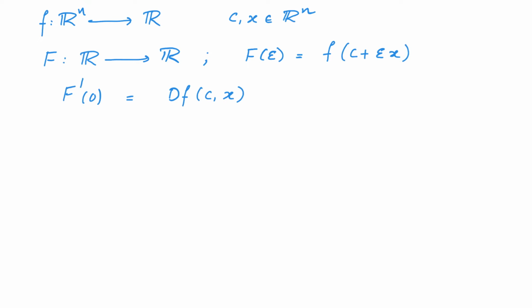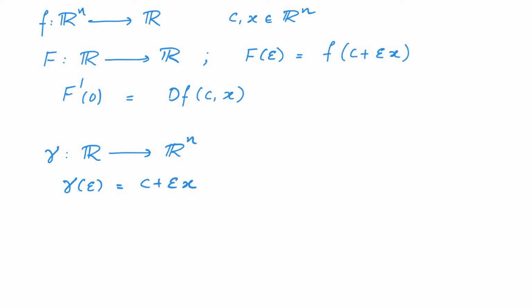Another way of understanding capital F is as follows. Given the points c and x, I can define a curve, or in other words a function from R to Rn, as follows. I define gamma of epsilon to be equal to c plus epsilon x.